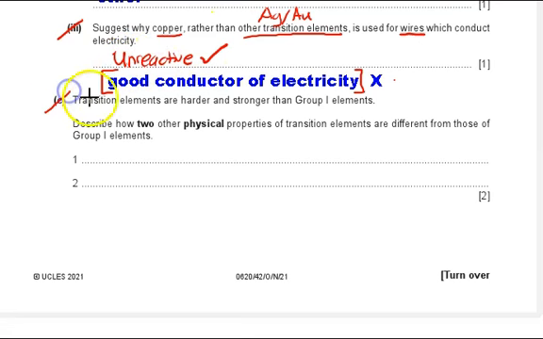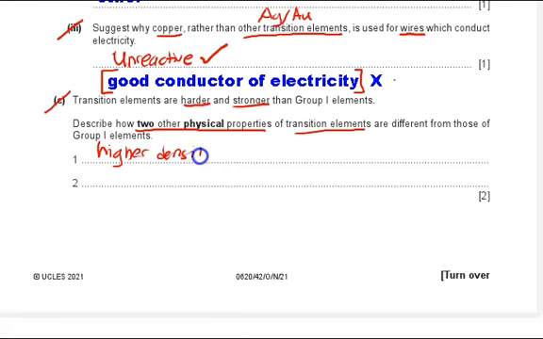Now C, the transition elements are harder and stronger than group 1. Describe how two other physical properties of transition elements are different from those of group 1 elements. So you can write here, they have a higher density, and you can also mention a higher melting point.